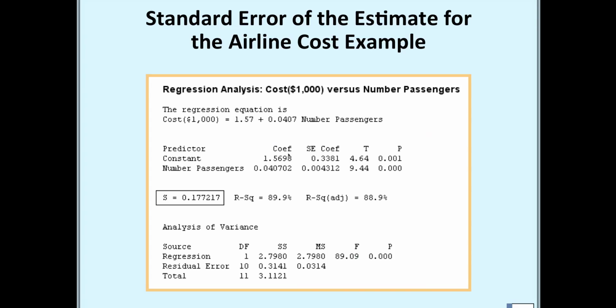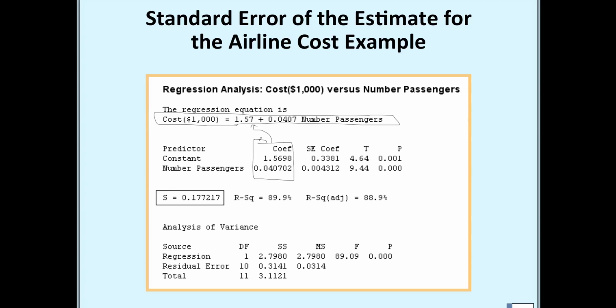Okay, so let's get back to the outcomes of Excel. I told you earlier that if you put data in and use Excel, it provides some regression output for you. Earlier I defined what these coefficients were and how you could use them to find the actual regression line.